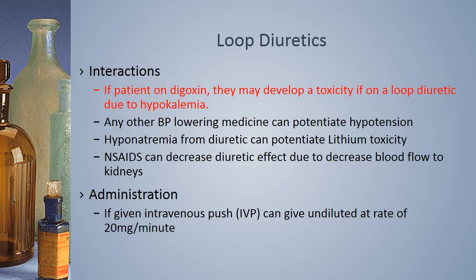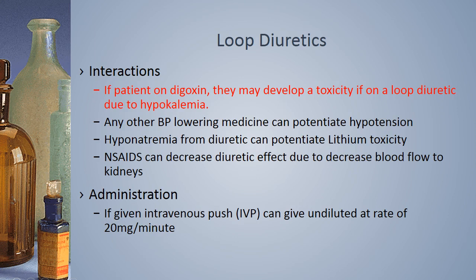Your interactions: if your patient is on digoxin, then you want to monitor for toxicity, because hypokalemia potentiates digoxin toxicity. Symptoms of digoxin toxicity: visual halos, blurred vision, double vision, anorexia, nausea, vomiting.